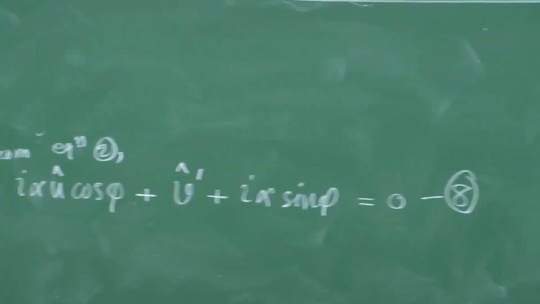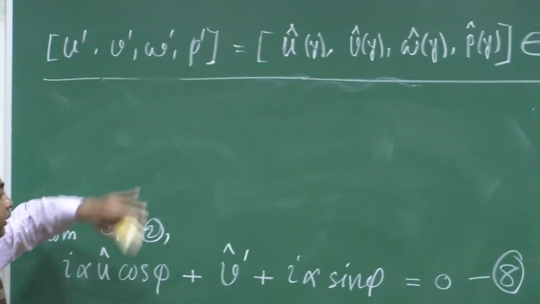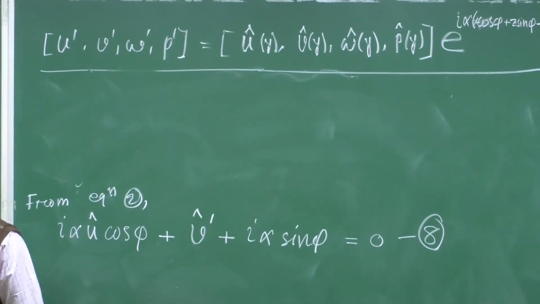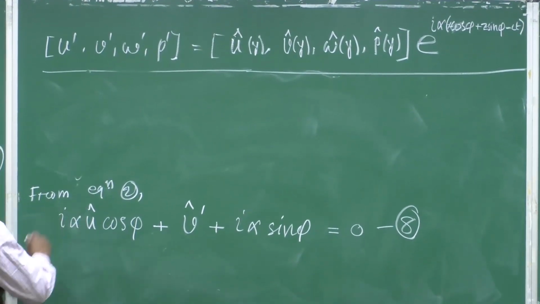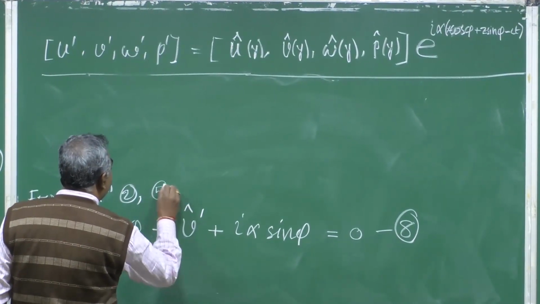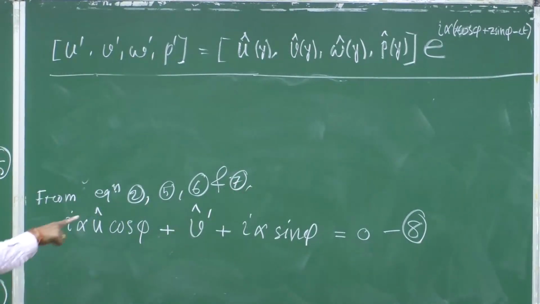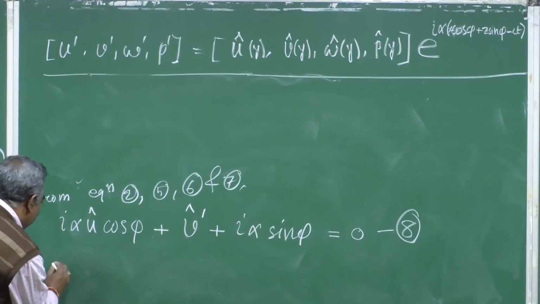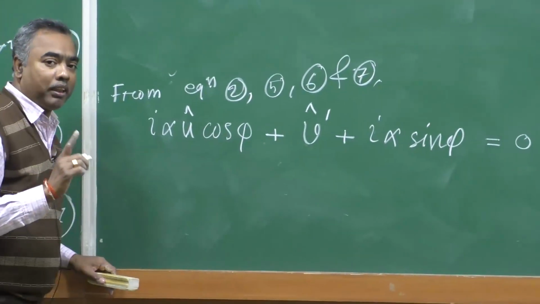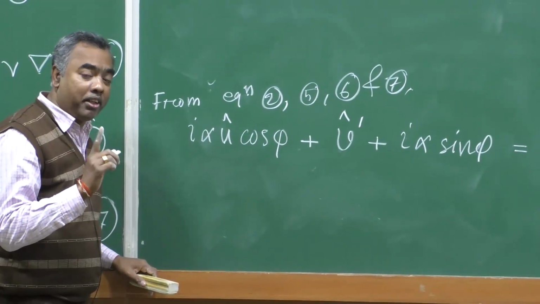Now, similarly we use this expression in equations 5, 6 and 7, and we can get the corresponding equations. From the x momentum equation, what can we write? Remember that the first term in equation 5 is del u prime del t.